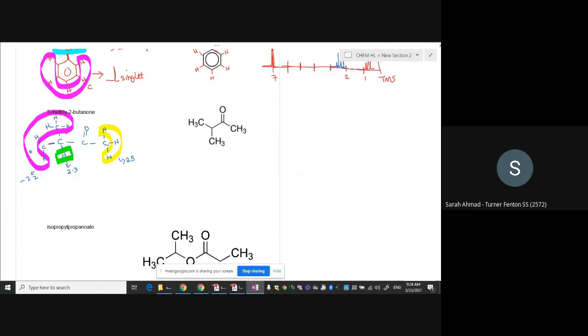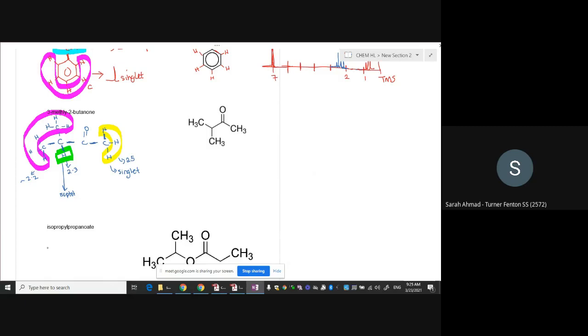Okay. So in terms of splitting, let's see who can split who. 1, 2, 3. This hydrogen can definitely impact these hydrogens and vice versa. 1, 2, 3, 4. So these guys are lonely. So you're going to get a singlet here, right? Too far away. 4 bonds away means no influence of neighboring nuclei. Over here, this hydrogen will get split by 1, 2, 3, 4, 5, 6 hydrogens. So it's itself plus 6, which means this is going to be a septet.